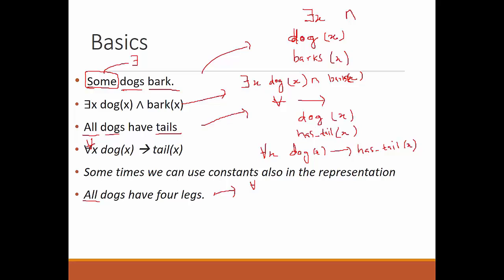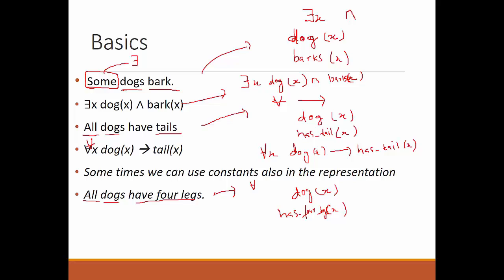Then we are going to have another thing, which is to represent dog, and then we have to represent this has 4 legs. So if X is a dog, we'll represent it like this. X has 4 legs, we'll represent it like this, has 4 underscore legs, or you can represent it in whatever way you want.